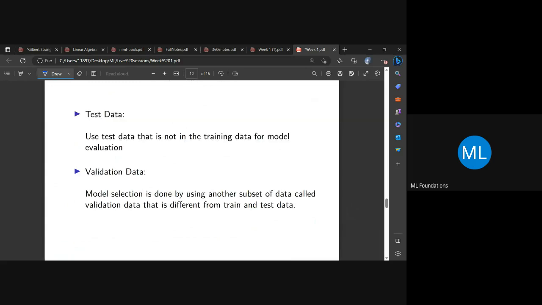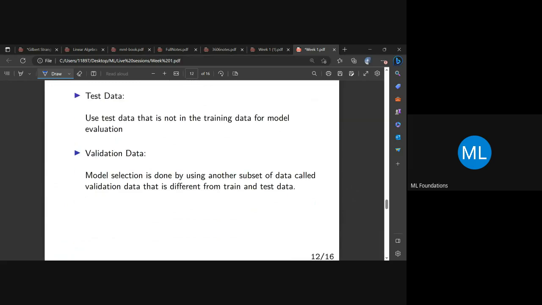The training data set is what you use to train your model, and to check the performance of the model, you use the test data set, which you keep separate, because you don't want to use this data to train the model, otherwise later when you test on new data, it won't work very well. So we keep the test data separate, so that whatever model we got from the training data set, we can evaluate it using the test data set.